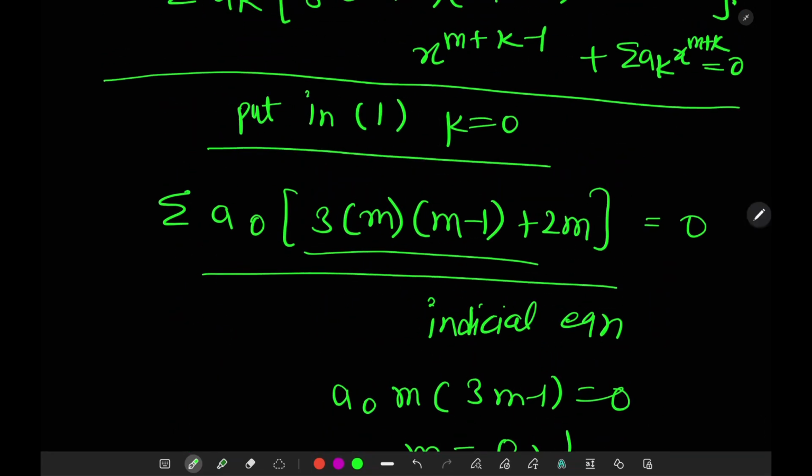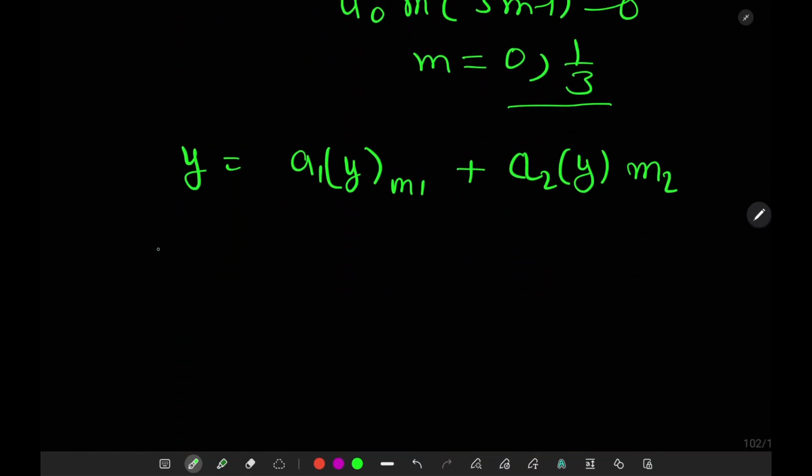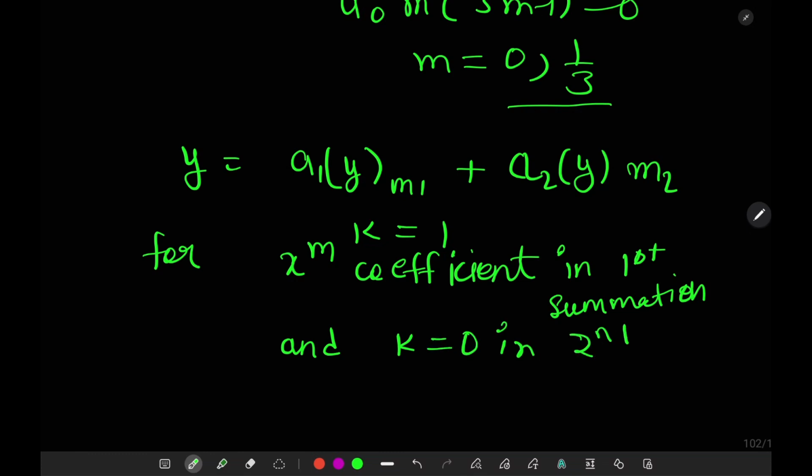In this equation we put k equal to 0 for getting the coefficient of x raised to power m minus 1. And similarly for the next step we use k equal to 1 for getting the x raised to power m coefficient. In the first summation k equal to 1 and k equal to 0 in the second summation.